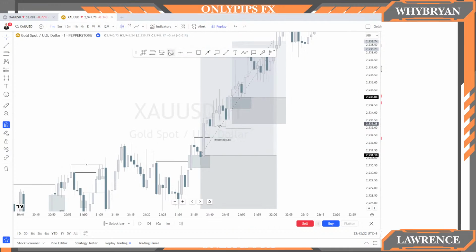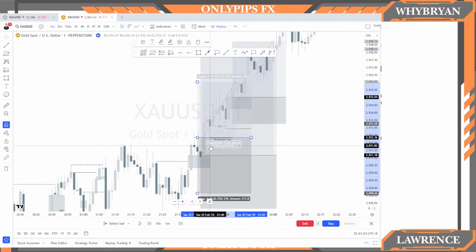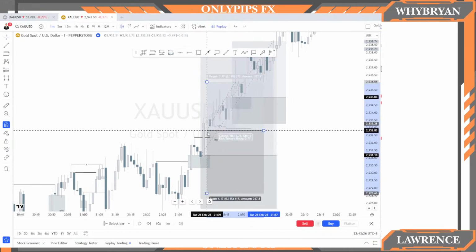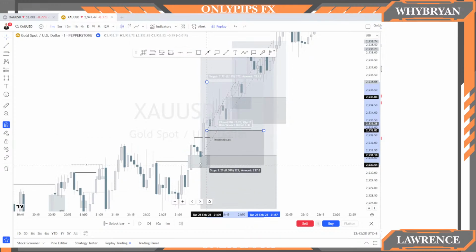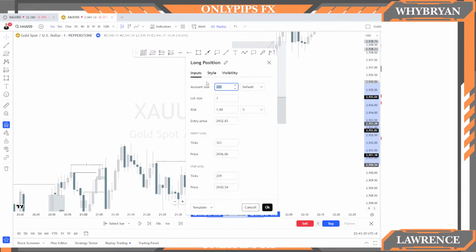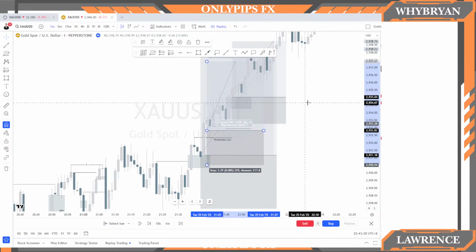You can see adding more positions right here, right here. One is to two.